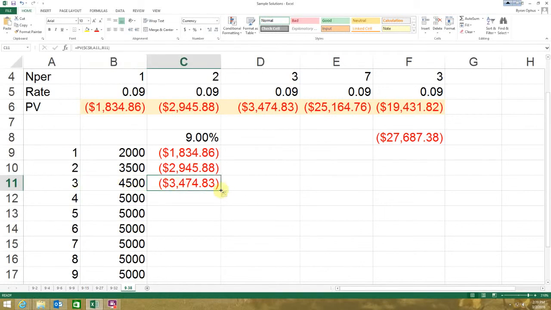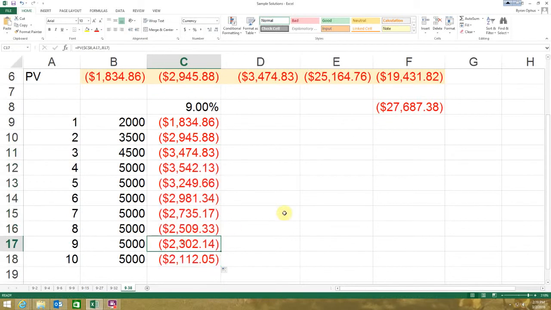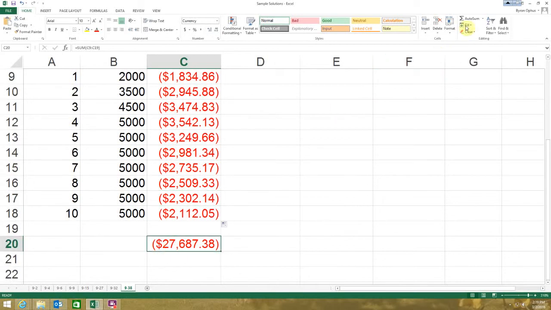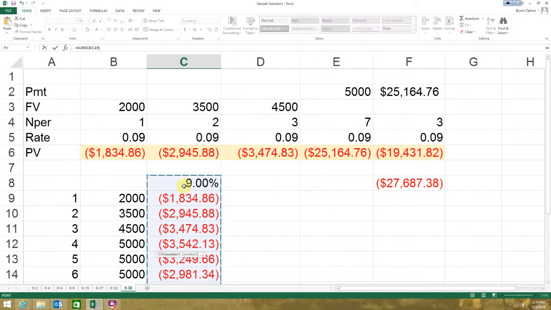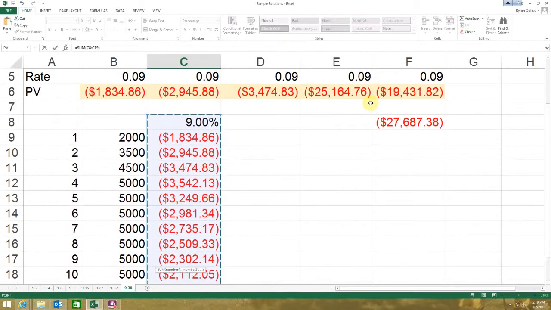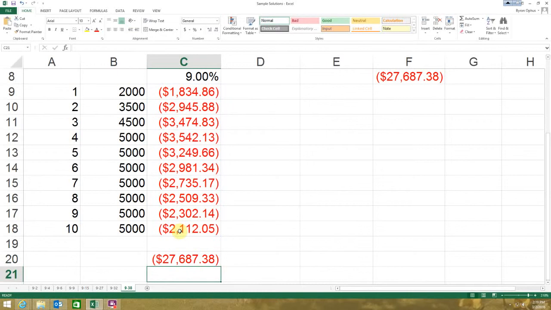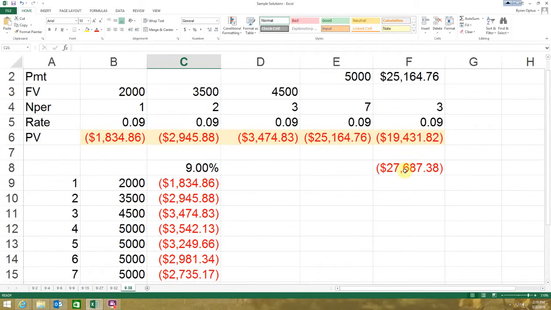Now I can carry this down, and this is simply a total of those. Whoa, what did I do wrong? Oh, it included the 9%, and I didn't want to do that, so you have to be careful there. Grab that. There we go, and you can see that matches this up here.